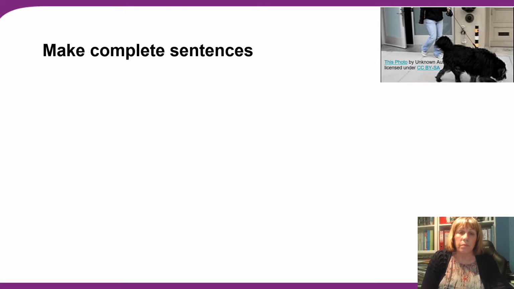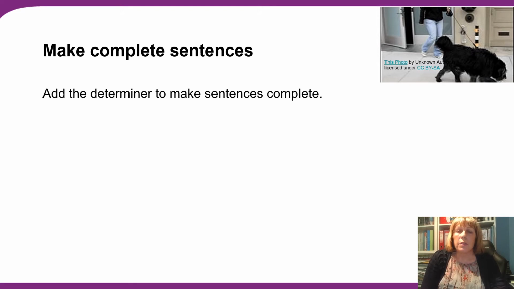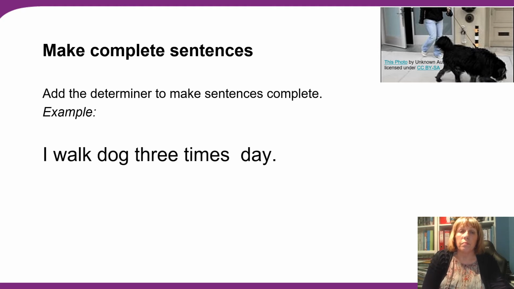Very important. Add the determiner. Now we often call this the article, but the article is a determiner. Determiner is a good word to use because it determines the noun. So for example, I walk dog 3 times day.